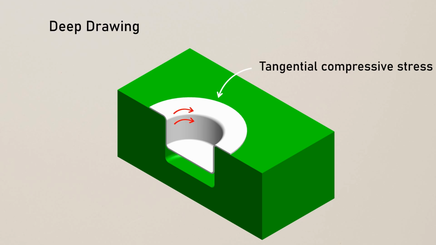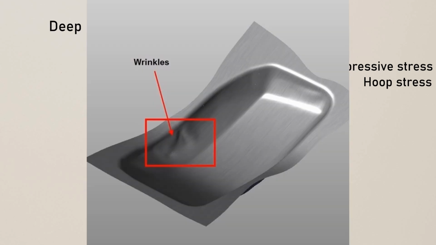This stress acts along the circumference of the die shoulder, also called hoop stress, due to material retention. And this compressive stress can lead to wrinkles forming in the flange area, which appear as uneven deformations.